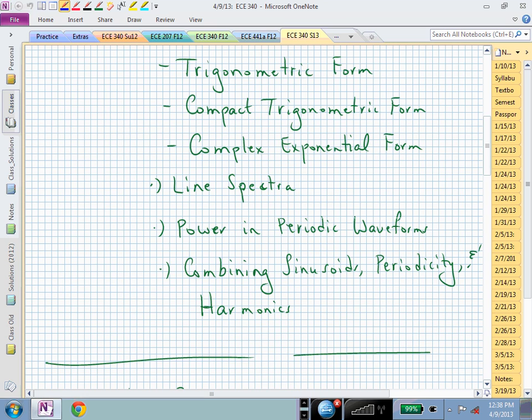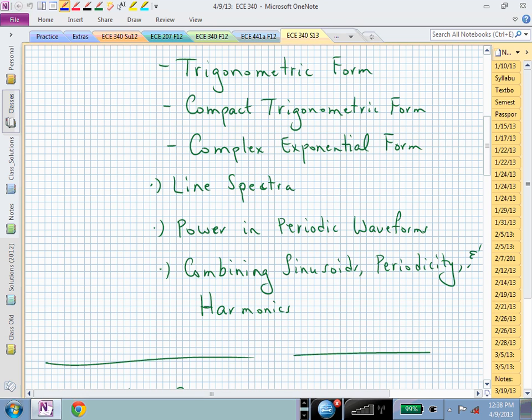That's something we talked about in the very beginning of the semester, but now we're using it. How do you find the power in a cosine? Amplitude squared divided by 2, right? That's for that particular component. And if you need it for several components, you just find it for each component and add them up.